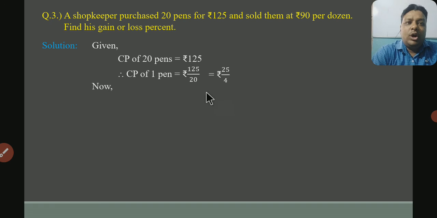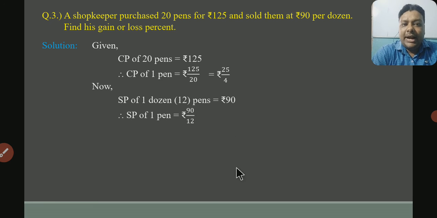Now the SP of 1 dozen, it means 12 pens, is rupees 90. So what is the value of 1 pen? SP of 1 pen, rupees 90 by 12. If we reduce it, we will get 15 by 2. So now CP of 1 pen and SP of 1 pen we have got. Both quantities are the same now. So you can see which one is greater.